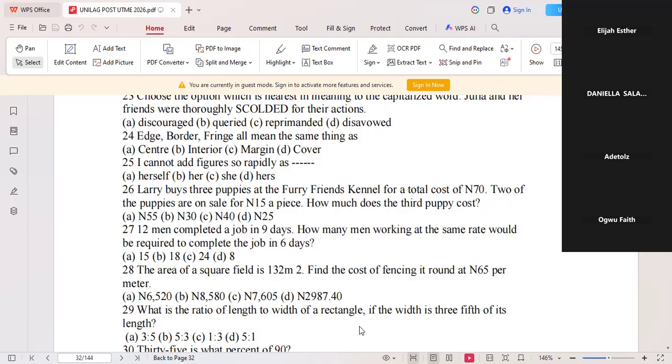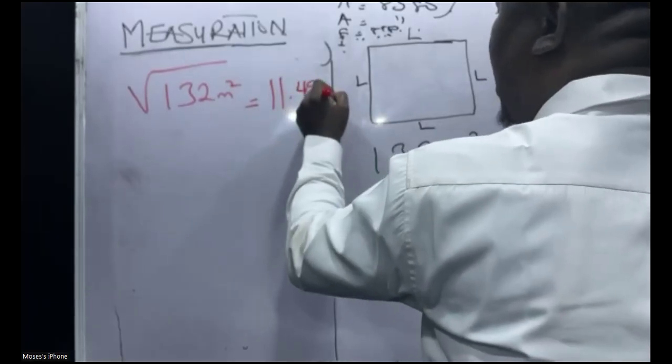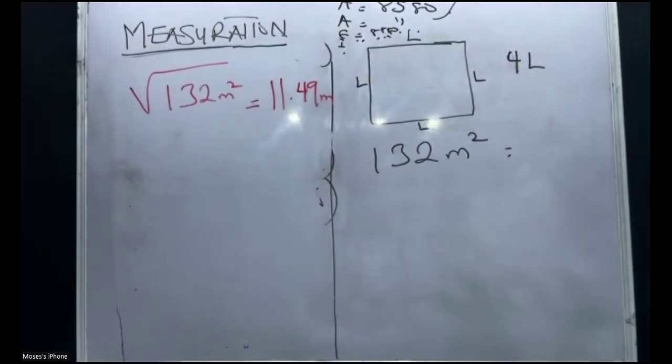We want to get the length of that thing, so we take the square root of 132 meters square so that we can have it in meter. The length is going to give us 11.49 meters. So the length of that field is 11.49.